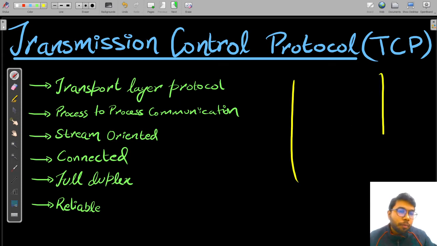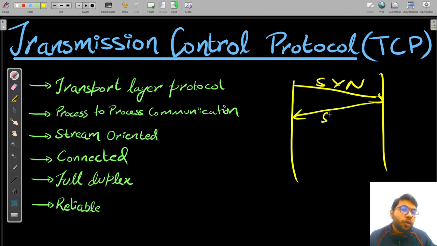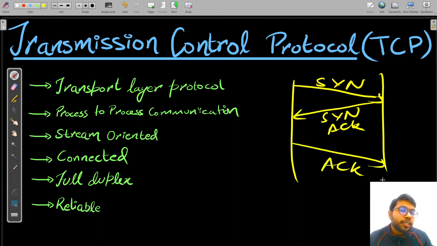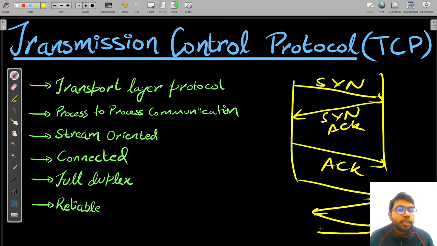So you send a SYN packet, and this guy in return sends a SYN packet and also acknowledges my SYN packet. Then I acknowledge his SYN, and after that acknowledgement we can have normal communication. That is how TCP makes a connection.